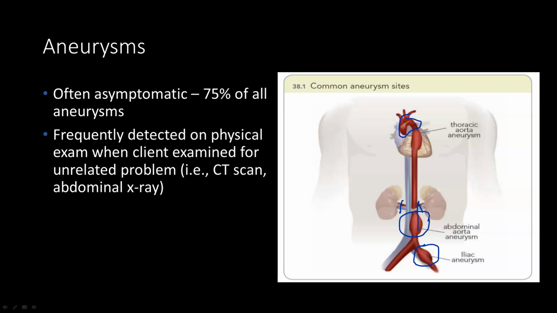Doesn't mean they don't exist in our patient population. As with most things cardiovascular, aneurysms are often asymptomatic. So again, it can be very hard, if you're somebody that does not come in and does not present with the typical signs and symptoms that we're going to talk about, for them to even know that you have an aneurysm.